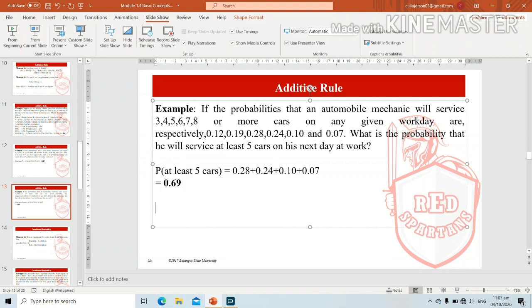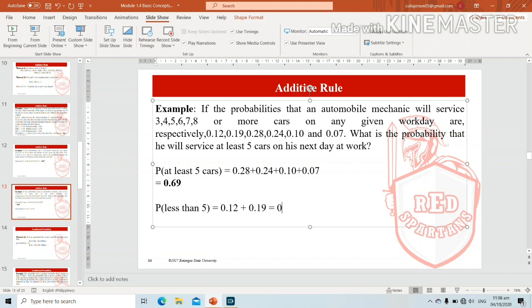Or meron pa tayong isang solution, yung paggamit natin ng complement. Kung sinabi na at least 5 cars yung ating hinahanap, unahin natin na kunin yung 3 and 4. So, yung probability ng less than 5 ay equal sa 0.12 plus 0.19.